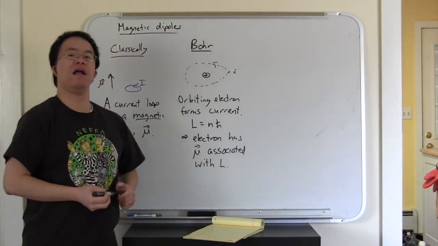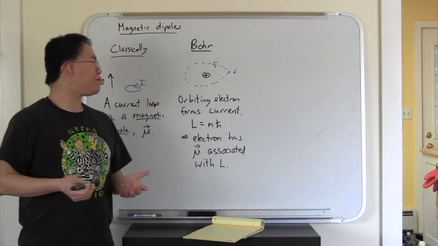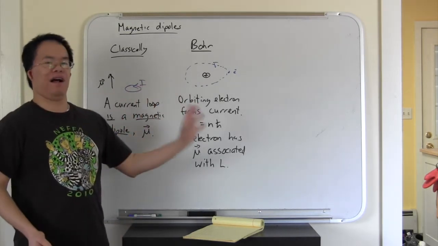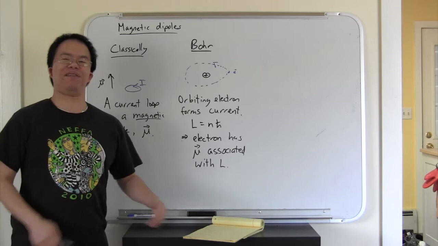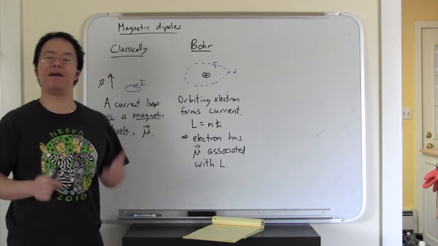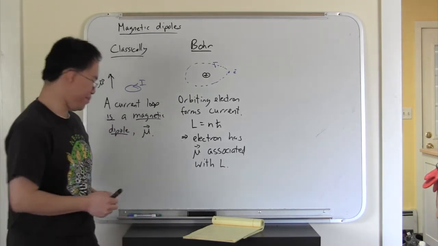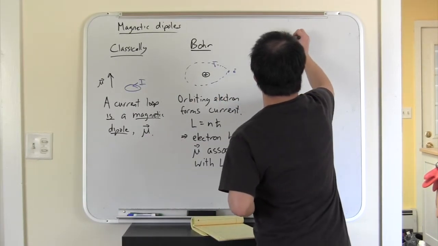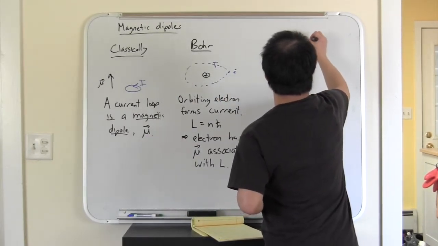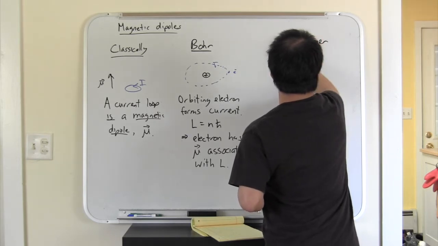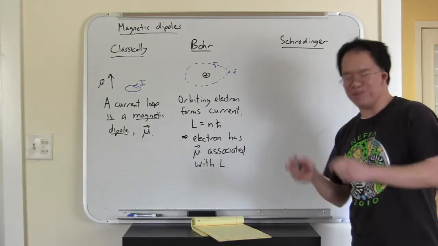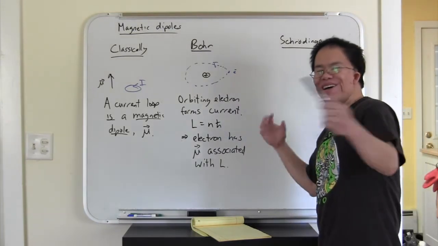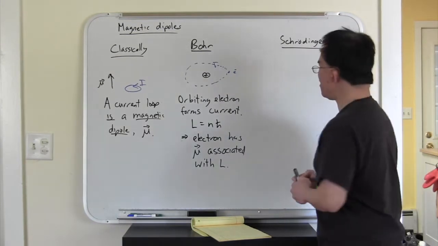Okay. Let's turn now to thinking about Schrödinger and seeing how that suggests how there could be a magnetic dipole moment for an atom. I'm not going to try to draw a Schrödinger hydrogen atom because I can't really draw those fuzzy clouds of probability density.